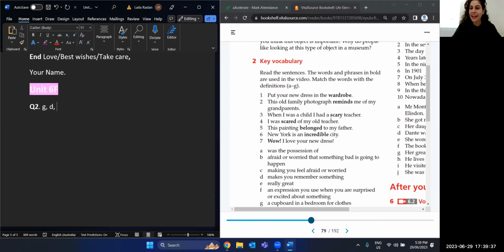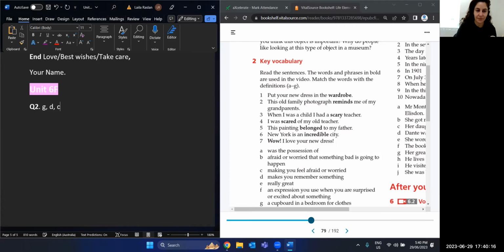Okay, and when I was a child, I had a scary teacher. This is an adjective. What does scary mean? No, scary is something that makes you feel afraid or worried. I think C. Yeah, if something is scary, then it's making you feel worried or afraid.